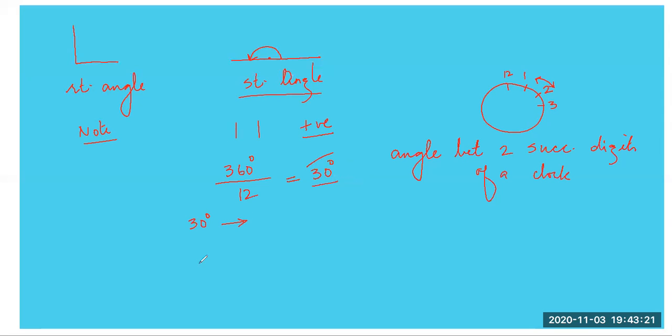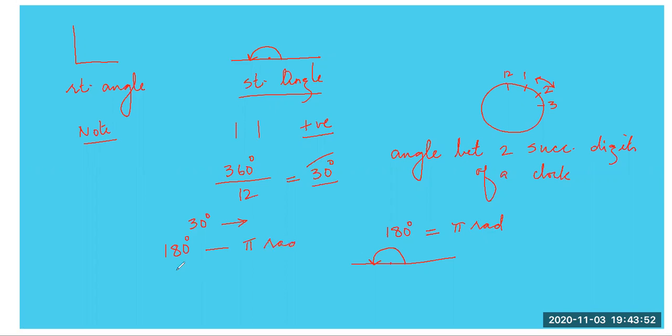Yes, students. If I take this angle, this is 180 degrees, right? And in radians, how many radians? Anyone? Pi radians. All right, pi radians. So I can say 180 degrees is equal to pi radians.